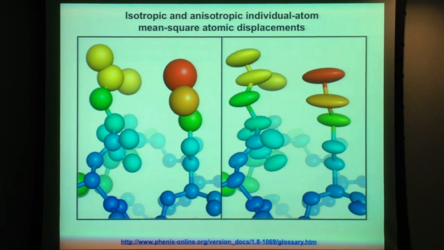If you've got decent resolution data, you can say, okay, this atom out here ought to be pretty much like the C alpha atom, or this C beta atom hiding here ought to be not much greater than this guy. And going out the chain, we allow the B values to get larger.